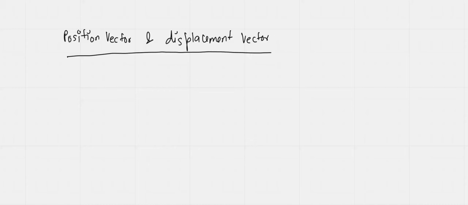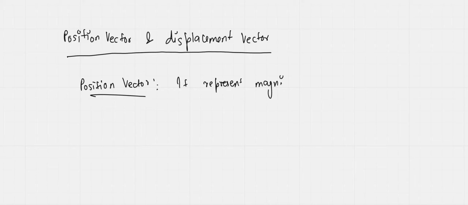So position vector, what was that? It represents magnitude and direction of a vector with respect to origin.